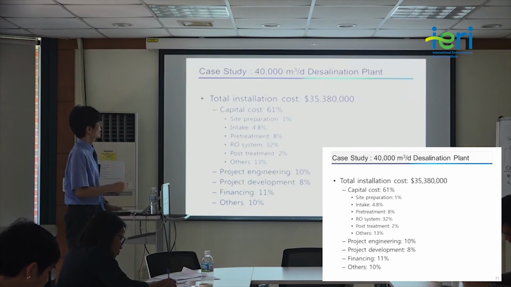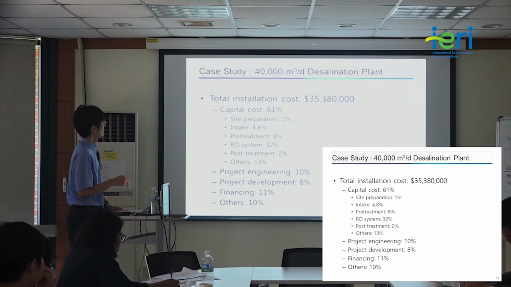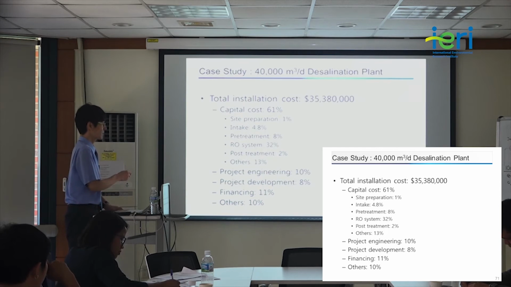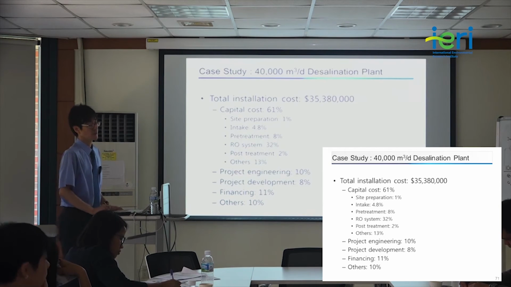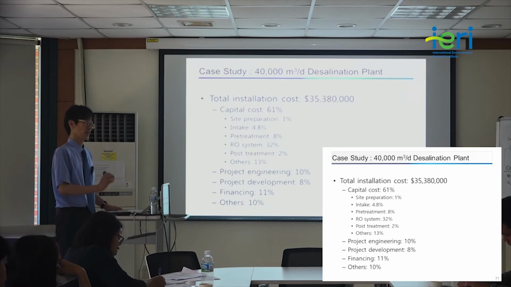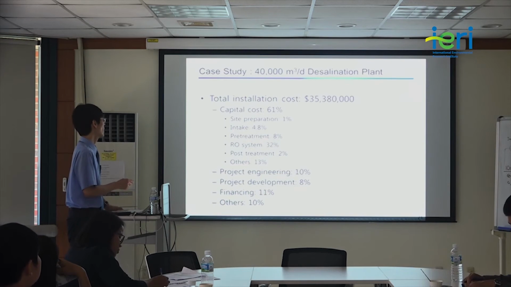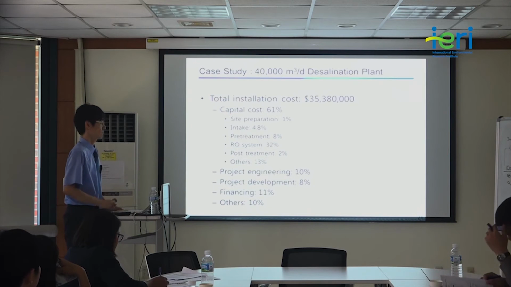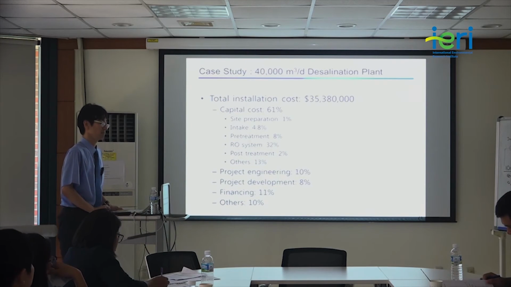So for capital cost, if you look at that again, the reverse osmosis system was the most expensive, and in this reverse osmosis system, not only the membrane but also pumps and other equipment are included, and except for that, the rest are a little bit negligible.